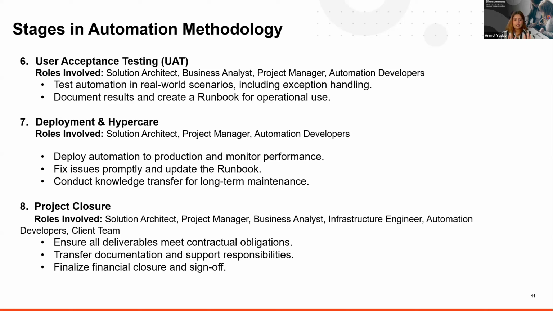The seventh stage actually is a combination of deployment and hypercare. And the roles involved here are a solution architect, a project manager, and an automation developer. Now, in the deployment stage, first let's talk about the deployment. It's like the final stage in which all the packages, libraries, and assets you have migrated to the production environment.